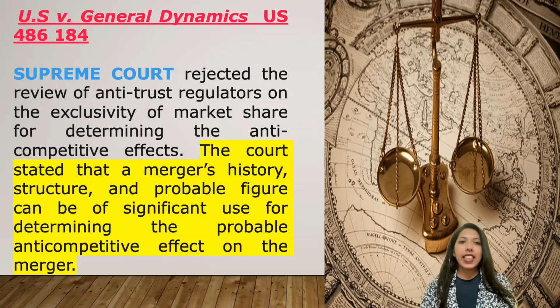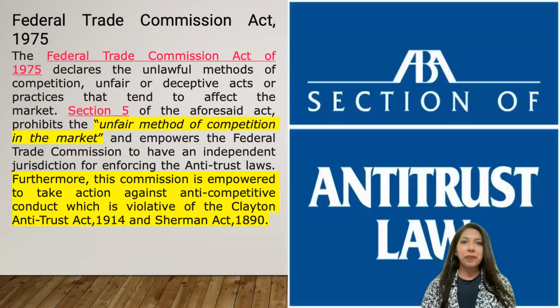In this case, the Supreme Court rejected reliance on market share exclusively, and held that a merger's history, structure, and probable future can be of significant use in determining its probable anti-competitive effect. So you have to look into the merger's history, which helps identify whether there is an anti-competitive effect while doing a merger.